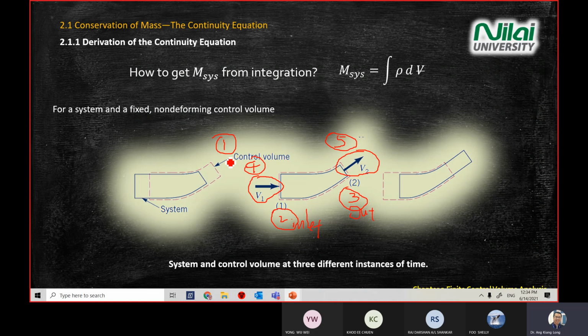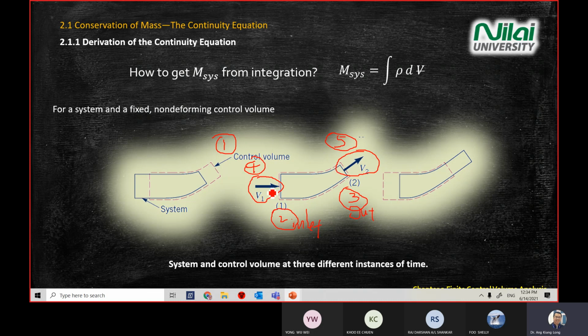First, you draw the control volume to define where you want to study. After that, in the control volume, you label where the inlet is and where the outlet is. Next, you put in the velocity going in and the velocity going out.